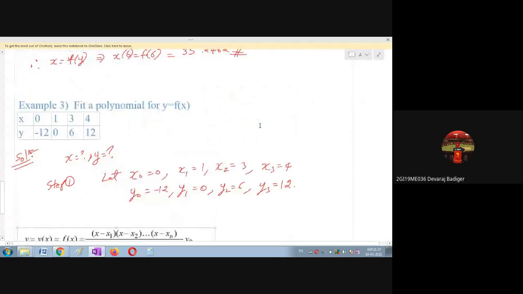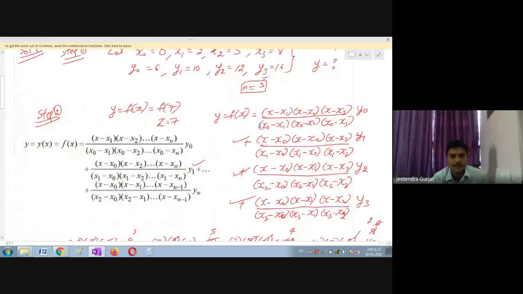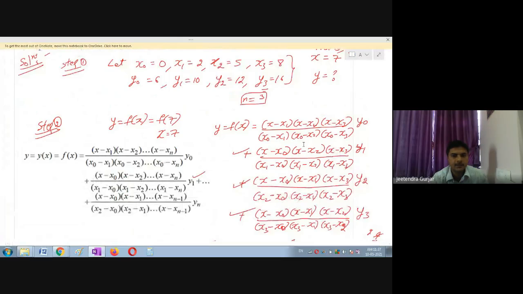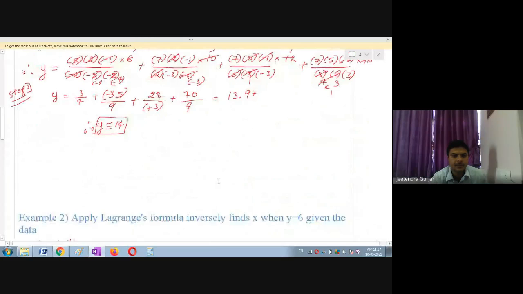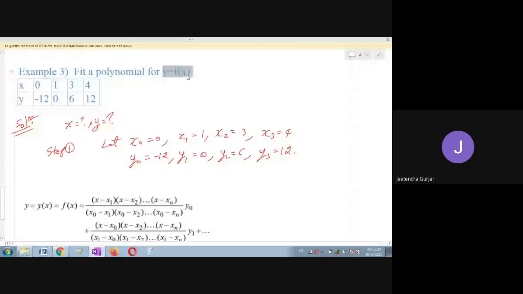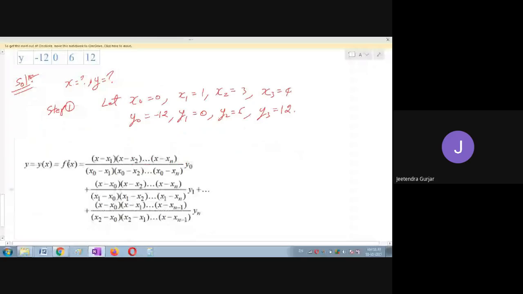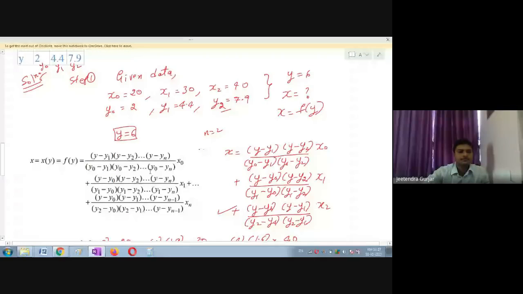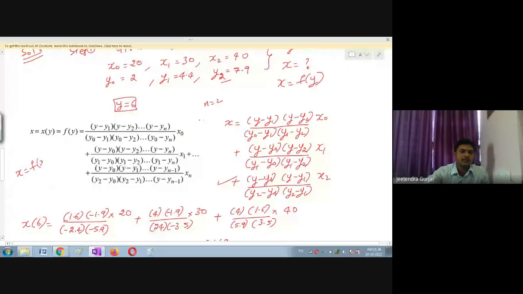Student: Sir, why only that formula? We can use the inverse, right? Right, but here I have already told you, I will repeat. Here they have clearly mentioned y is equal to f of x. This is the only formula we have for y is equal to f of x. Inverse will be when we have x is equal to f of y. So for inverse, you have to remember x is equal to f of y is the inverse formula.